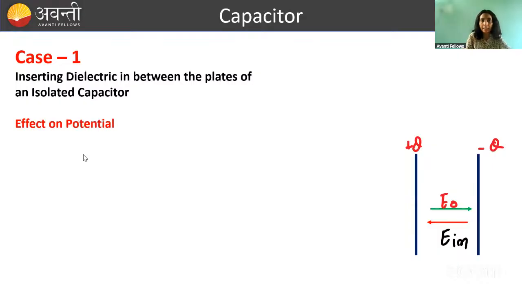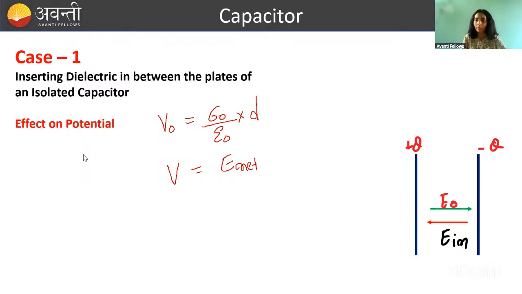The effect on potential: if the initial potential is V naught, which is equal to sigma naught by epsilon naught into D, what will be the new potential? That will be the net electric field into D. So the net electric field is sigma naught by epsilon naught into 1 by K, into D. Sigma naught by epsilon naught into D is equal to V naught.